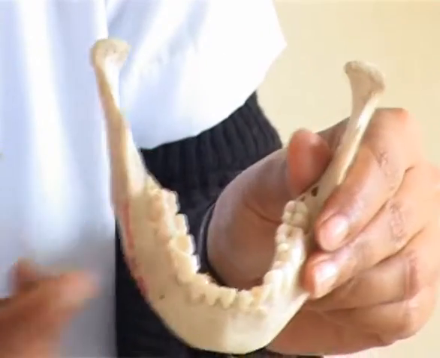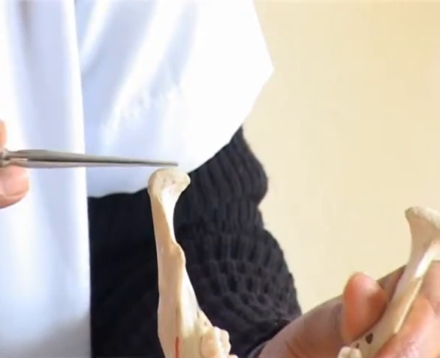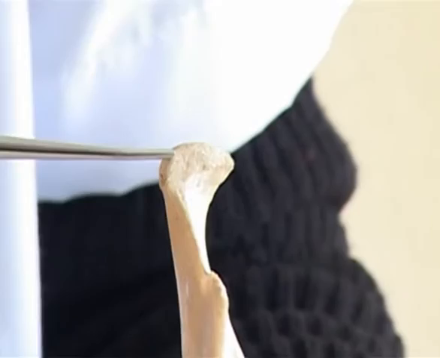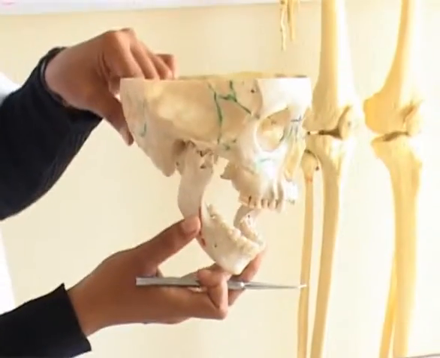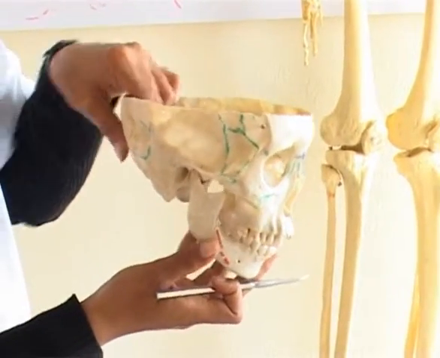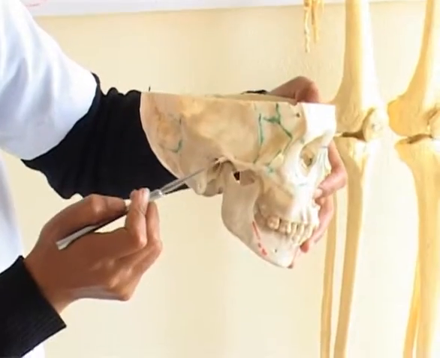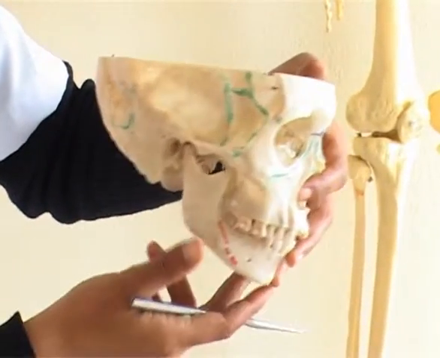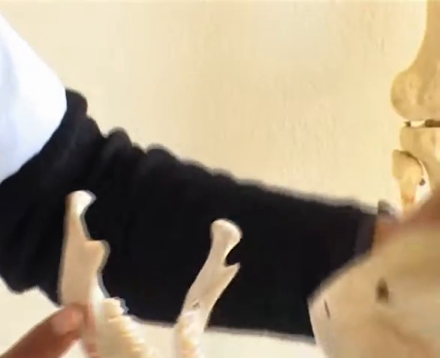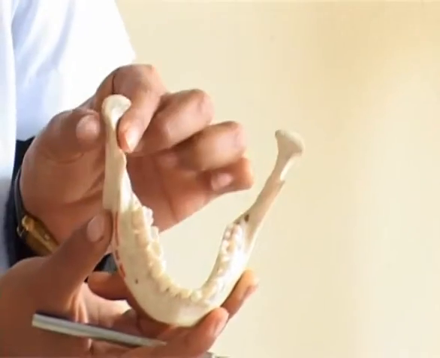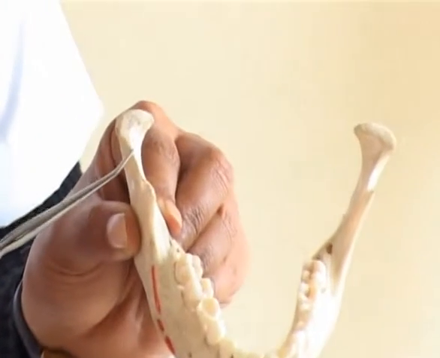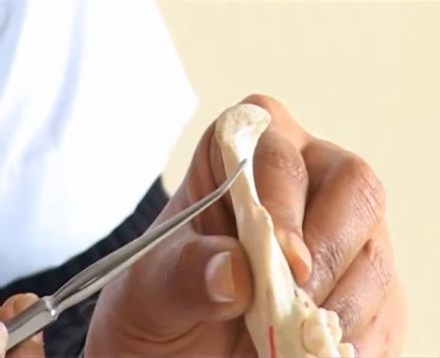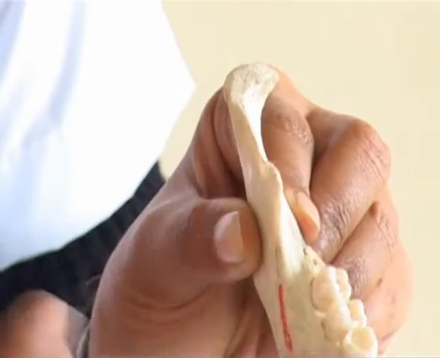The head is covered with a fibrocartilage and it forms the very important synovial temporomandibular joint. Below the head is the neck, which is narrow, and the anterior surface of the neck has a depression which is known as the pterygoid fovea.